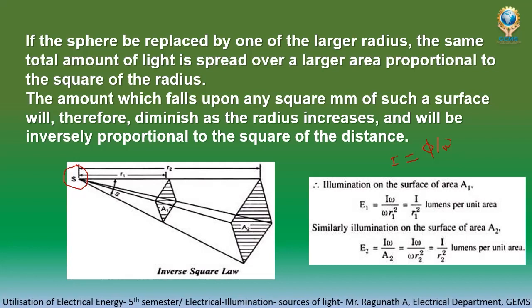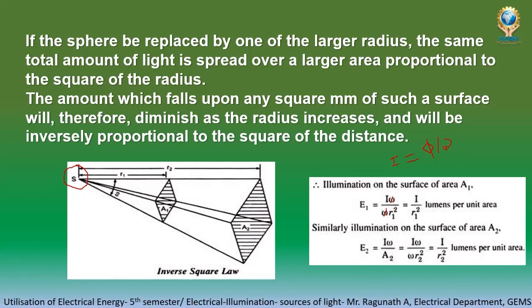Then if you cancel these two, you will get I divided by R1 square, which means this R1 square is in the denominator. Okay, which means this is inversely proportional. If you increase the R value, automatically this will be reduced. Same like that, in E2, that will be I by R2 square.